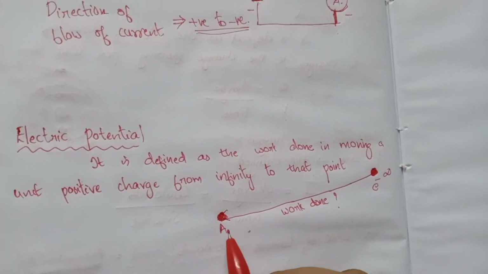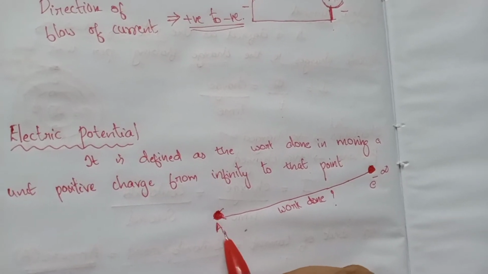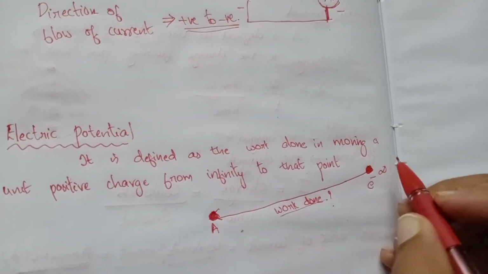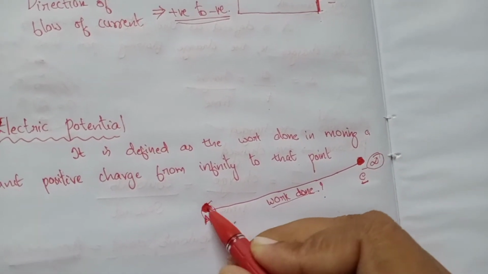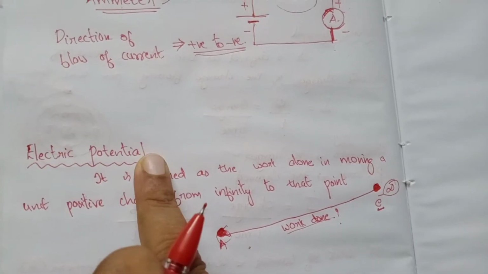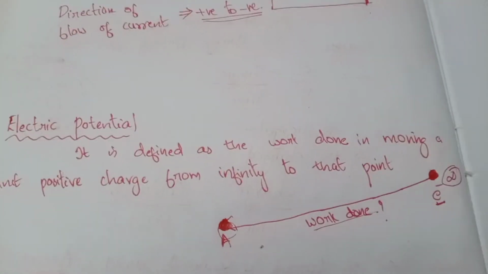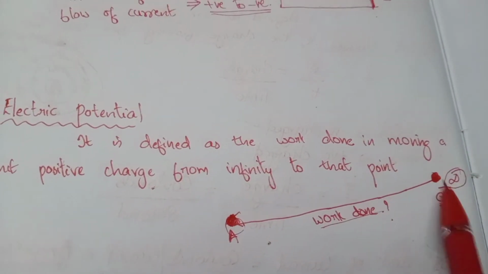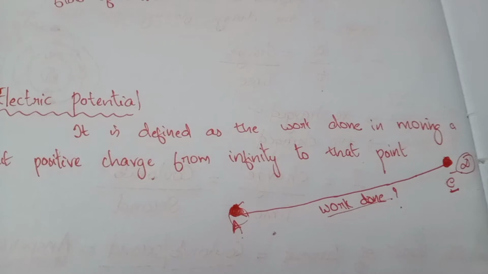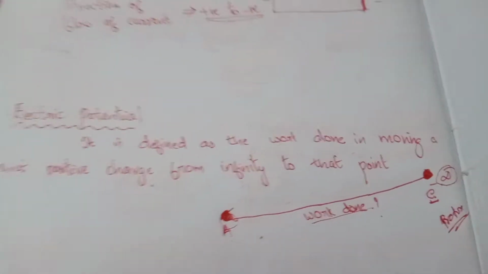So we can say that electric potential at this point A is defined as the work done in moving a charge from infinity to this point A. So this is what is called electric potential. So we studied what is electric potential, right? It is the work done in moving a unit positive charge from infinity to this point. It can be an electron or it can be a proton also. So a unit positive charge, electron or a proton.